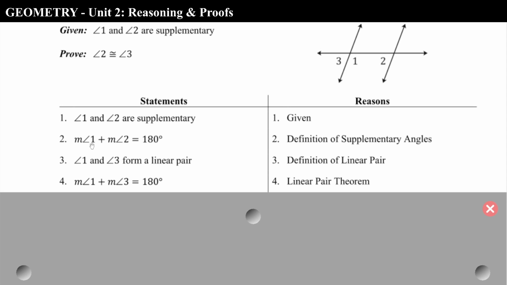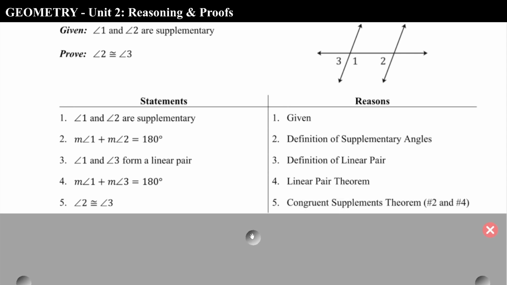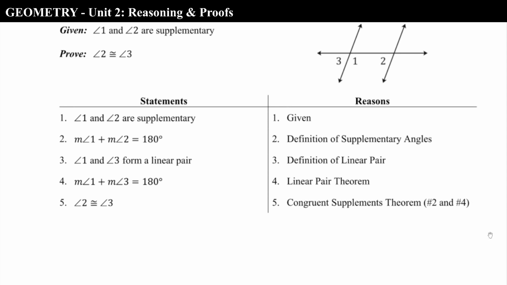Now, since the measure of angle 1 plus the measure of angle 2 is 180, and the measure of angle 1 plus the measure of angle 3 is 180, then we know that angle 2 and angle 3 are congruent, and that comes from the congruent supplements theorem. And that is using steps 2 and 4 to reach that conclusion using this theorem. And that's it for that proof.